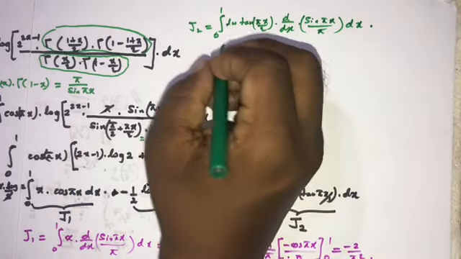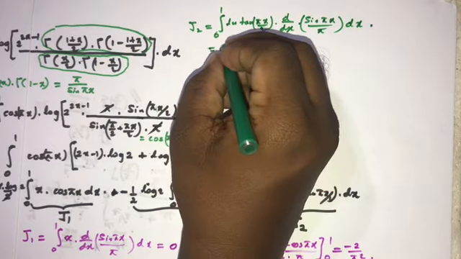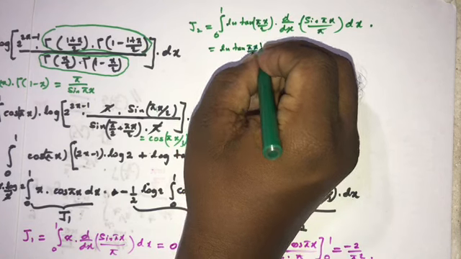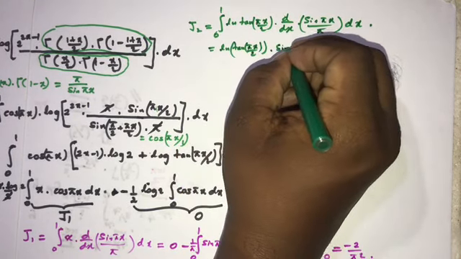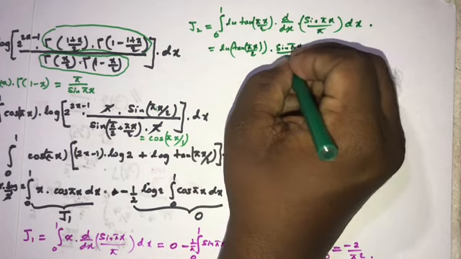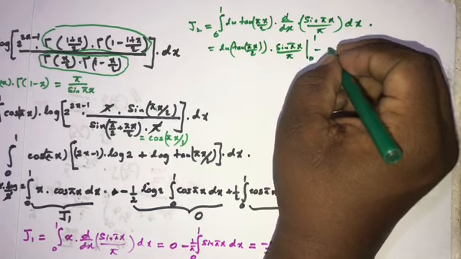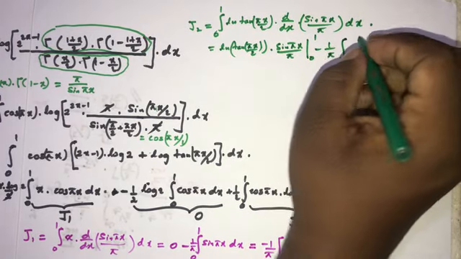Then the product of these two functions, natural log of tan of pi x over 2 times sine of pi x over pi, from 0 to 1, minus 1 over pi, which is a constant, and here sine of pi x.